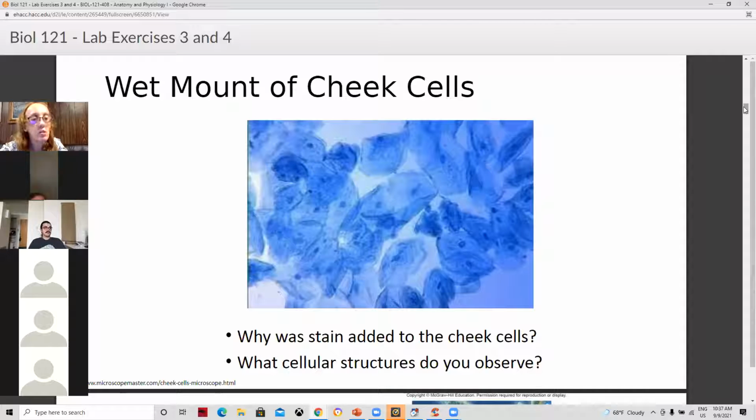Oftentimes when they do a cheek swab, they use a softer thing. They don't use a toothpick. I think I've said this, I like CSI shows. I like mystery shows. I've been dabbling a little bit with anatomical forensics, so I'm enjoying this study of forensic sciences.